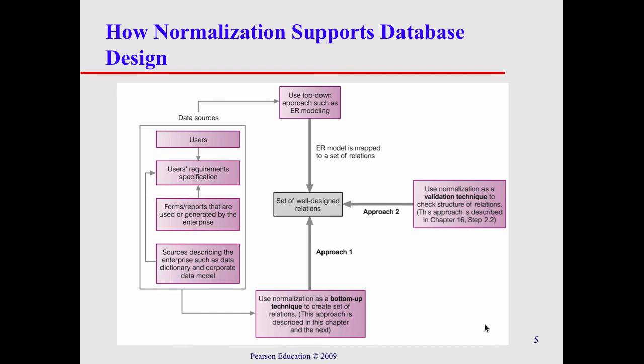You can use both ER diagrams and normalization when designing your database. They're not mutually exclusive. I tend to go back and forth between the two, and I use one to check the other. So I think using one to check the other is always a good idea.